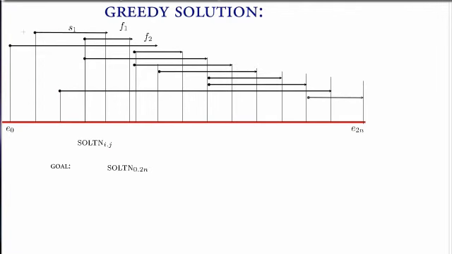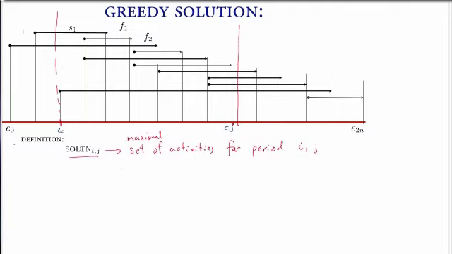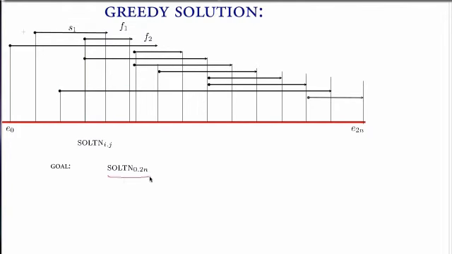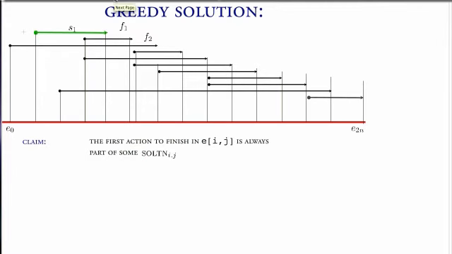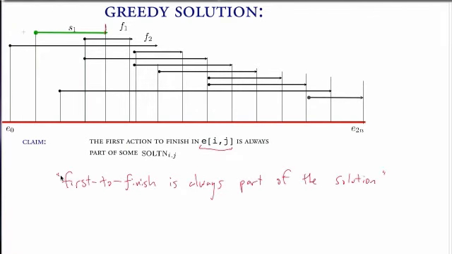And now with that notation, our goal is to find solution 0 to n. And now this is the point that I want to make here. I'm going to claim that for any period, the first to finish is always part of the maximal solution for that period. Seems like an intuitive thing.